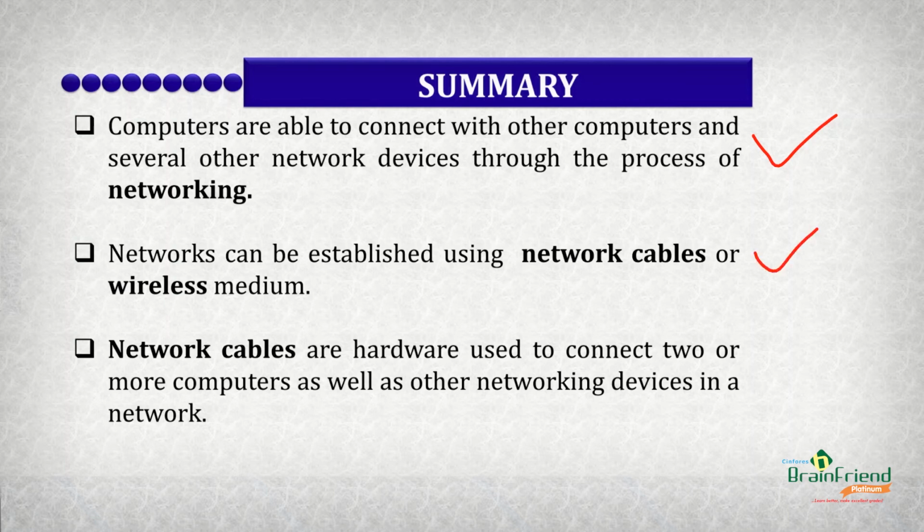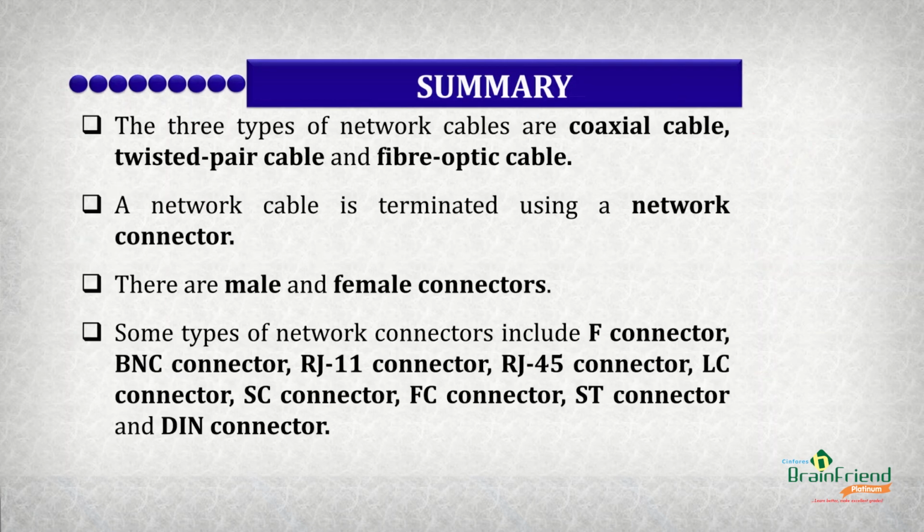We also learned that network cables are hardware used to connect 2 or more computers as well as other networking devices in a network. Going on, we learned that the 3 types of network cables are the coaxial cable, the twisted pair cable, and the fiber optic cable.